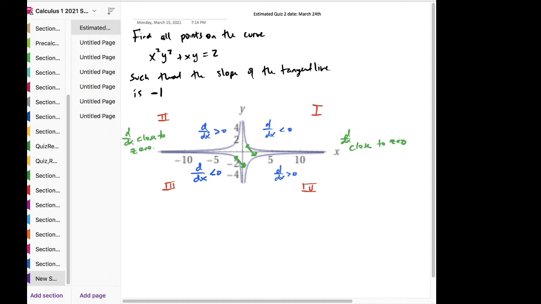Where does the derivative never exist? So implicitly, where does the derivative not exist? What point can I not draw a tangent line? For what x value can I not draw a tangent line?